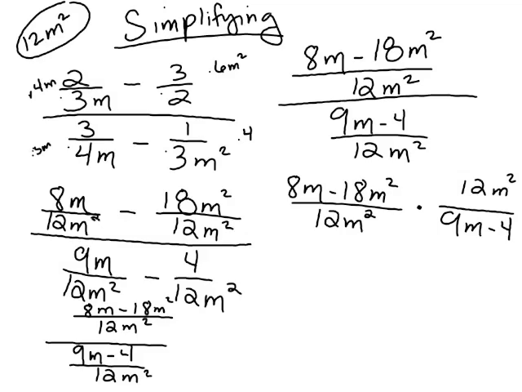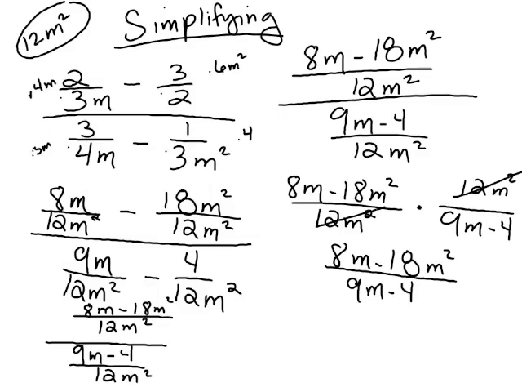Can you see anything we can cancel? Okay, let's get rid of those 12m squared. That was why we found a common denominator, so that those terms would cancel. So I have 8m minus 18m squared now over 9m minus 4.